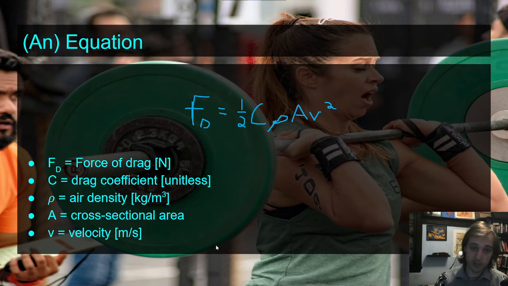This is the equation that winds up coming from that: your drag force is going to be 1/2 times capital C, which is your drag coefficient, times rho, which is your air density, and that one should stay pretty constant unless you're falling from insanely high up, times capital A, your cross-sectional area, times V squared, which is your velocity squared.